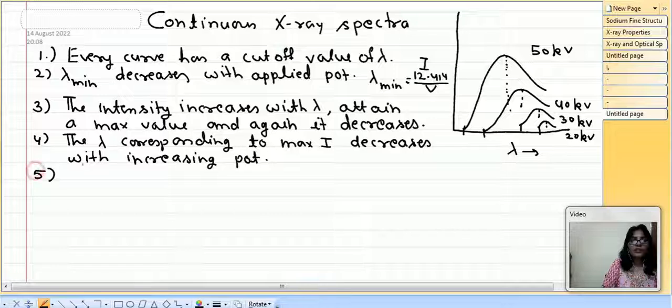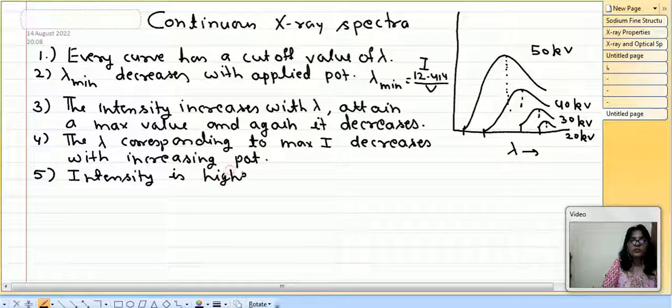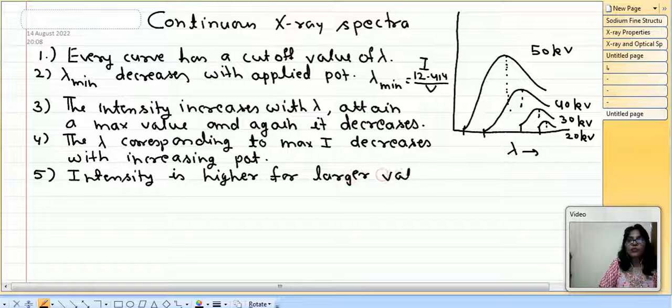And the last one is that the intensity is higher for larger value of potential difference.